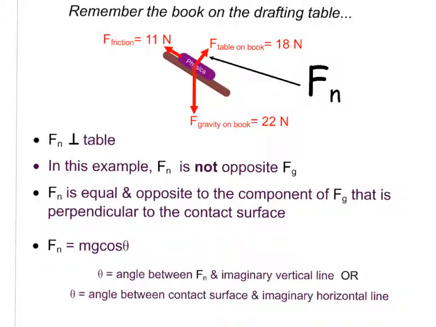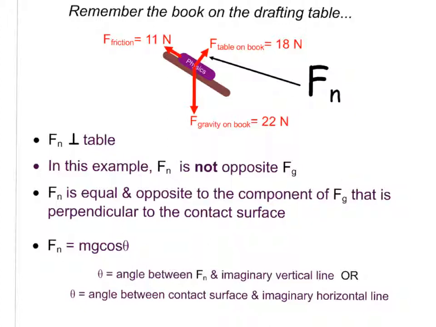In this example, however, the normal force is not opposite the force of gravity. The force of gravity is at some angle that's not 180 degrees from the normal force. The normal force is equal and opposite to the component of the force of gravity that is perpendicular to the contact surface.